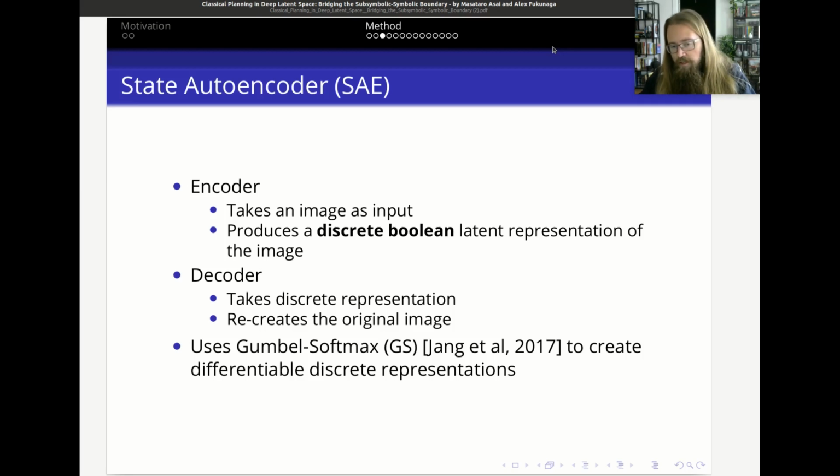In a normal autoencoder, the latent space is a continuous representation, but here they want to have a discrete representation, so they use something called a Gumbel softmax. I won't go into detail on this here, but I'll put some links in the description for this one.